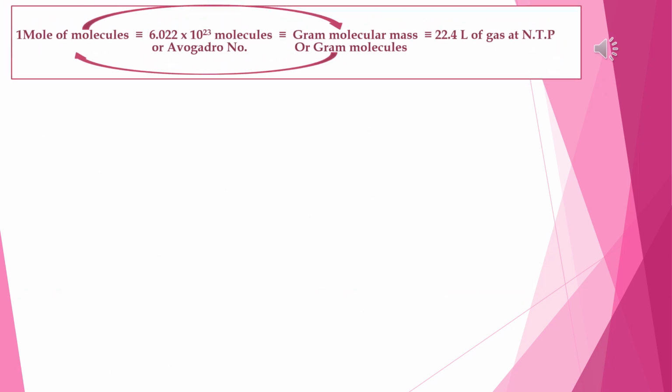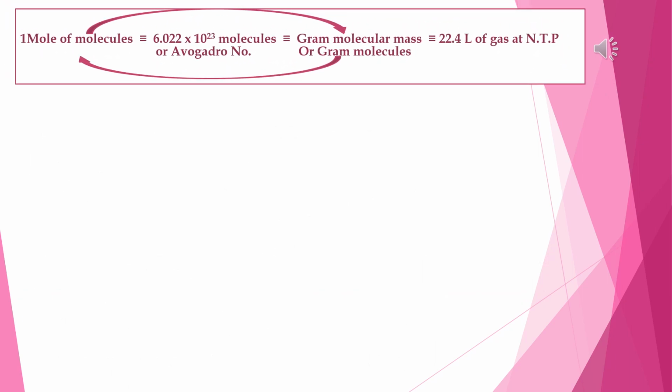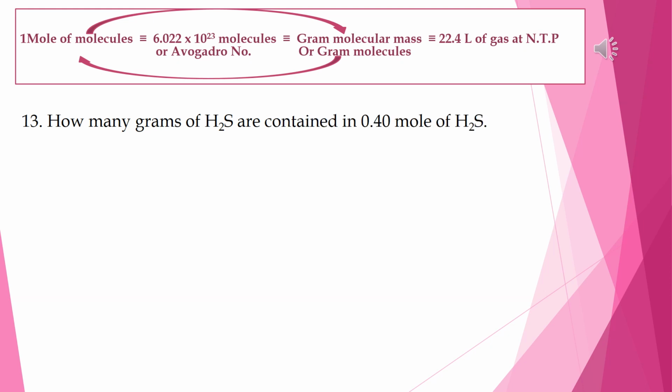From the above relation, here comes another case in which the mole of molecules is equivalent to gram molecular mass, or vice versa. So in the 13th numerical: how many grams of H2S are contained in 0.40 mole of hydrogen sulfide gas?